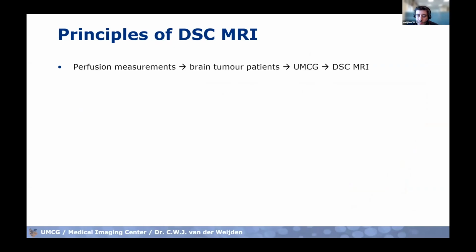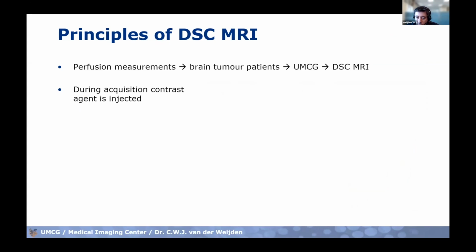Perfusion measurements can be performed in multiple manners. In our center within the UMCG, the main method that we use for perfusion assessment in brain tumor patients is dynamic susceptibility contrast MRI. In DSC MRI, a gadolinium-based contrast agent is injected into the venous bloodstream, and its passage through the brain is tracked over time.